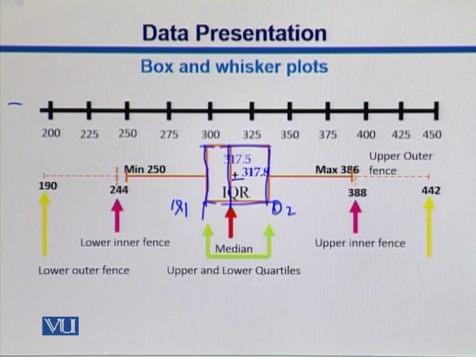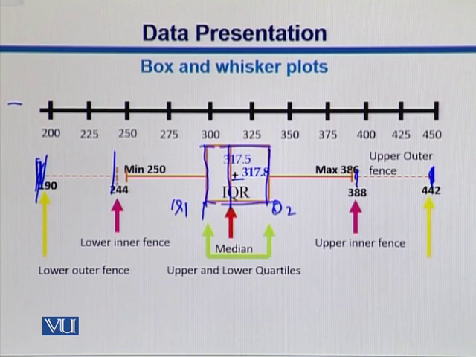We draw those fences, those numbers. This one was our lower outer fence, 190 right here. We have the lower inner fence, which was 244, and then we draw the upper inner fence, that was 388, and then we draw the upper outer fence. Once we draw those fences, now the question comes how to draw these whiskers.